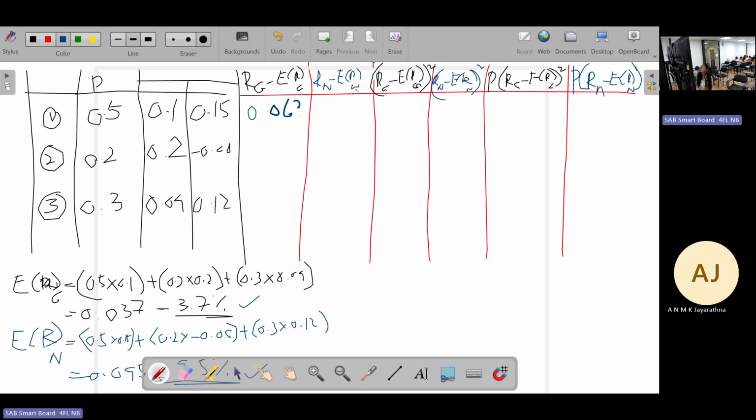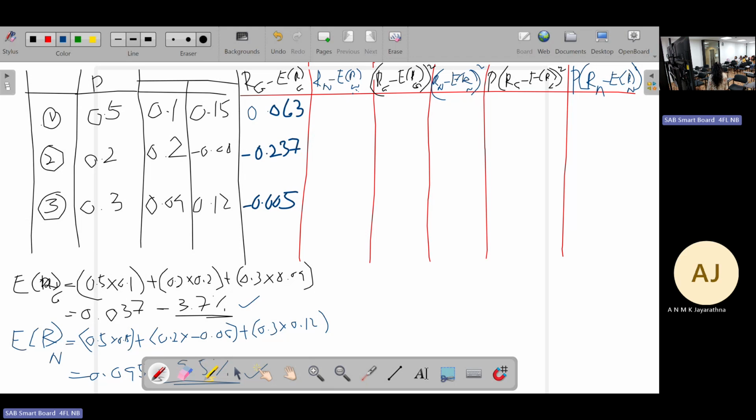Am I correct? 63. And then minus 0.237. Third one minus 0.005.